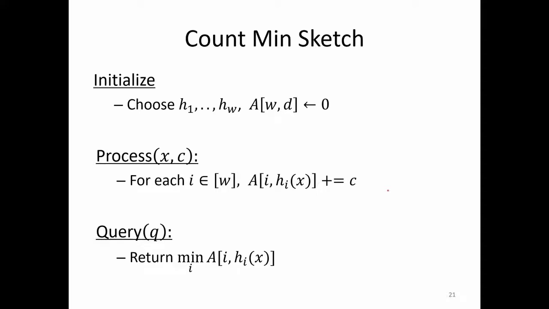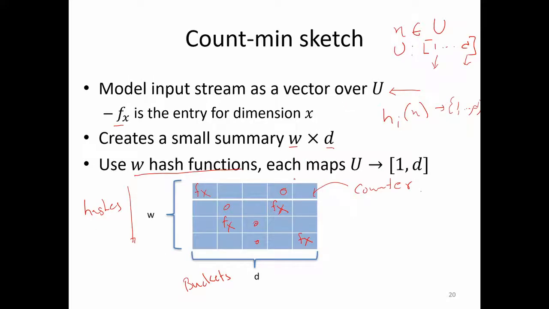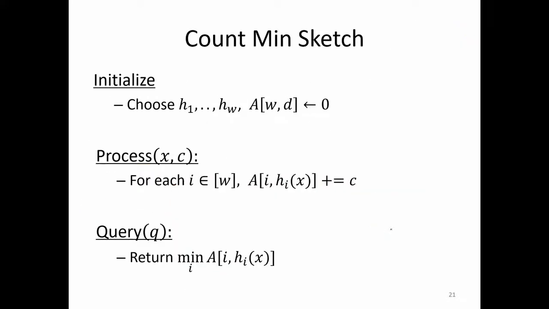So what is your sketch? As I said, you initialize this A matrix, the sketch matrix, to 0. You randomly choose W hash functions.